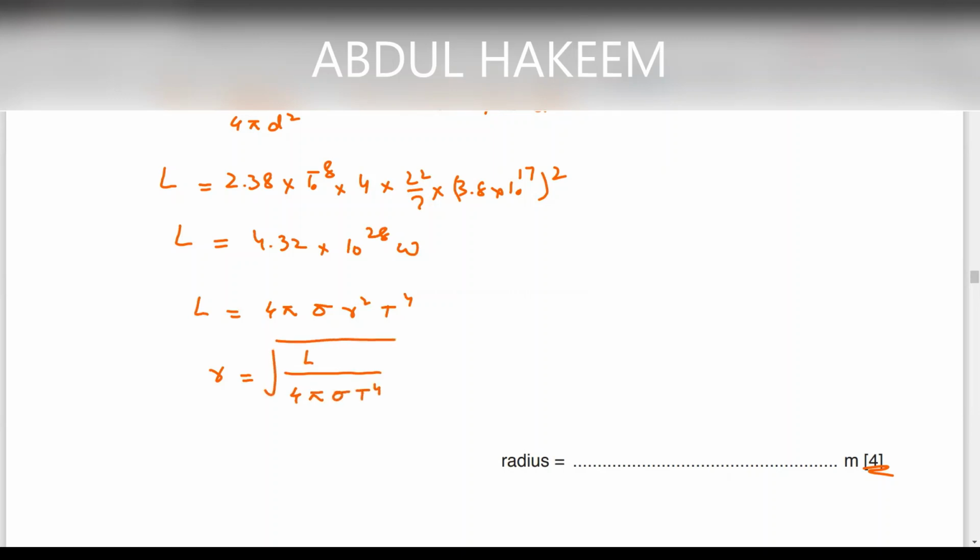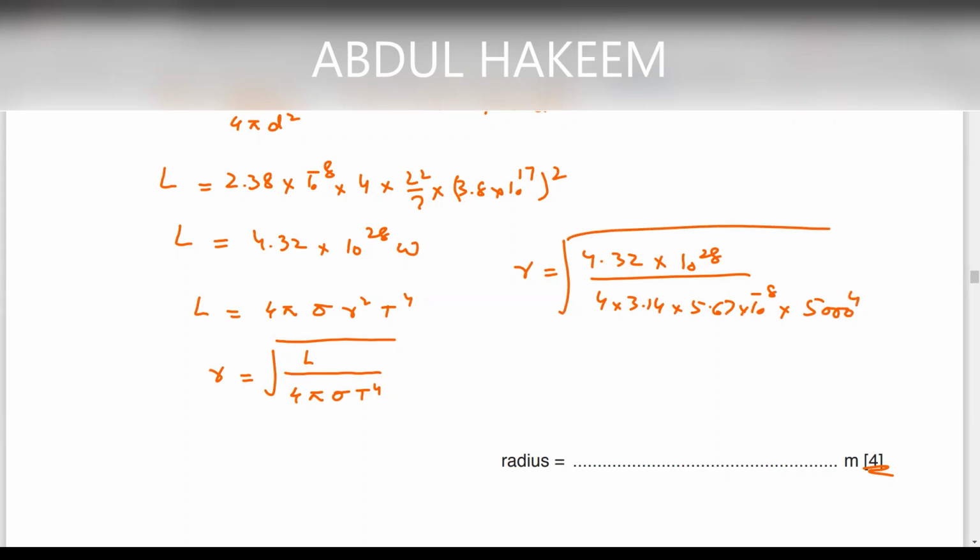Now substitute the values: 4.32 × 10^28 luminosity divided by 4, times 3.14, and then the Stefan-Boltzmann constant 5.67 × 10^-8 multiplied by temperature 5000 to the power 4, and then the whole under root. Calculate. It's coming approximately 9.9 × 10^9 meters.